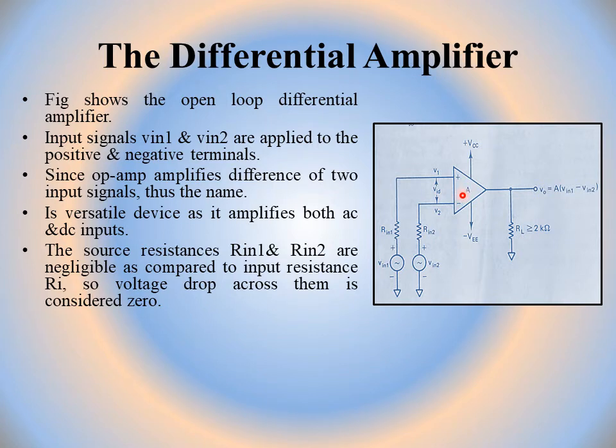In the equivalent circuit we have drawn an equivalent input resistance Ri between plus and minus. Compared to Ri, these two values are very small, so they are generally considered negligible, and the voltage drop across these resistors is considered to be zero.